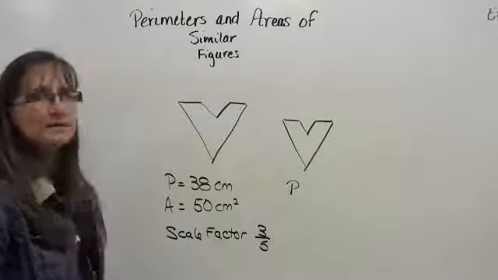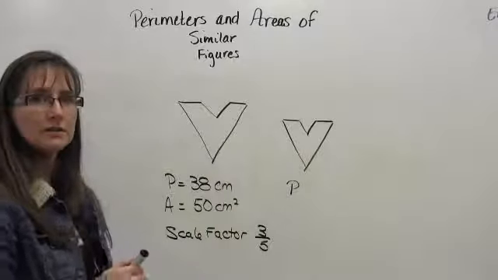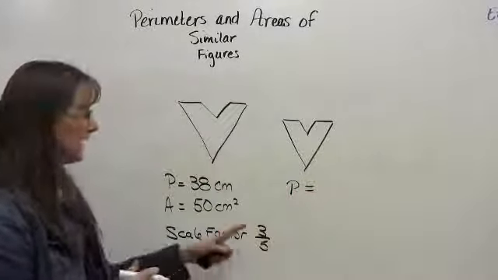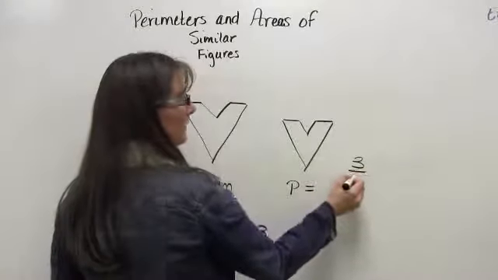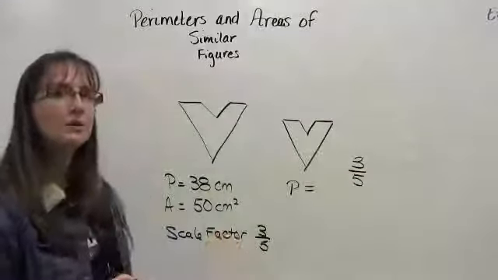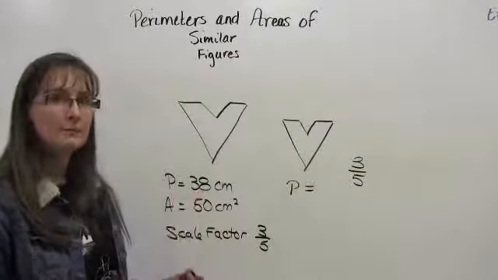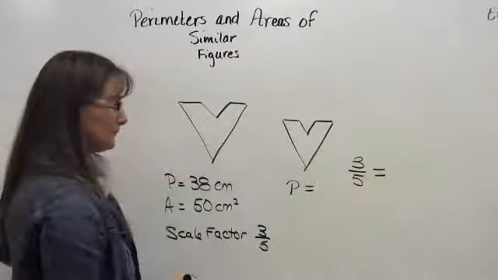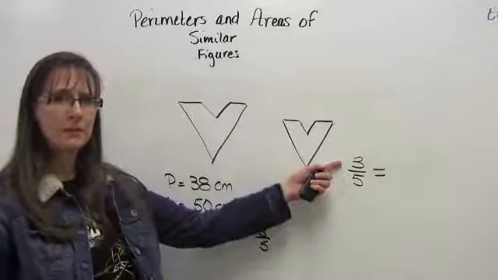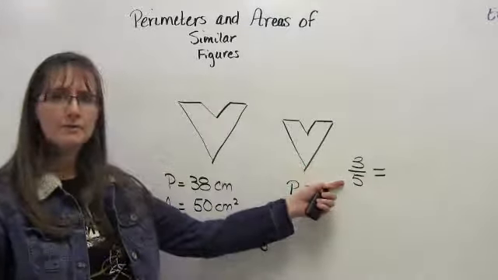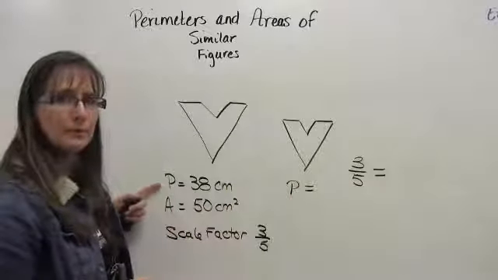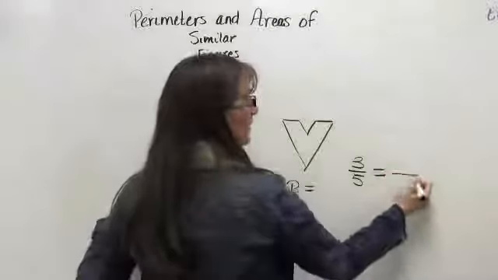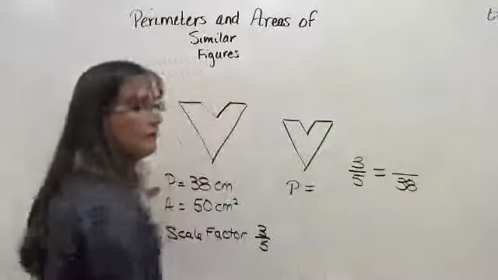So how can I go about using that to figure out what the perimeter of the smaller shape is? I can actually use a proportion again. Because I have 3 over 5 as my first ratio, and I know that my perimeters have to be equal ratios, I can just say that 3 over 5 is equal to, well, remember the 3 represents the smaller of the figures, the 5 represents the larger of the figures. They gave me the perimeter of the larger figure, so that means the 38 needs to go on bottom for my other ratio.